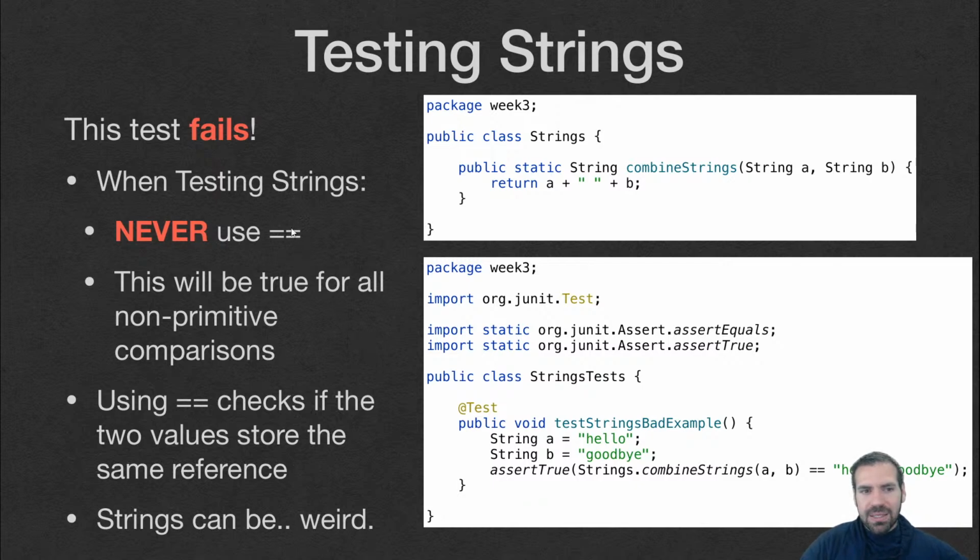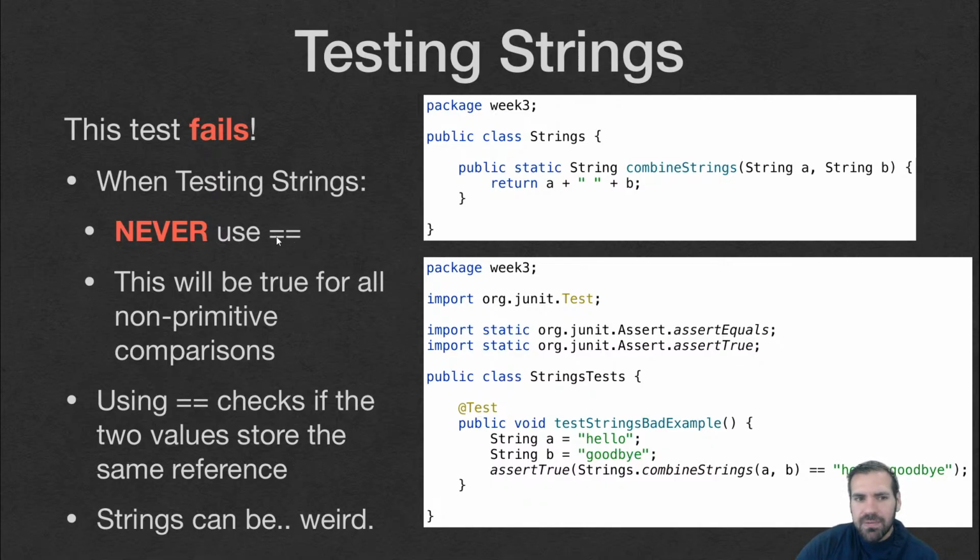So for ints, equal equal is fine. For booleans, that's about it. Really, ints. There are other types that we don't use in 116, like byte, long, short. Those types, they're all integer values with different levels of precision, different number of bytes to represent the values.